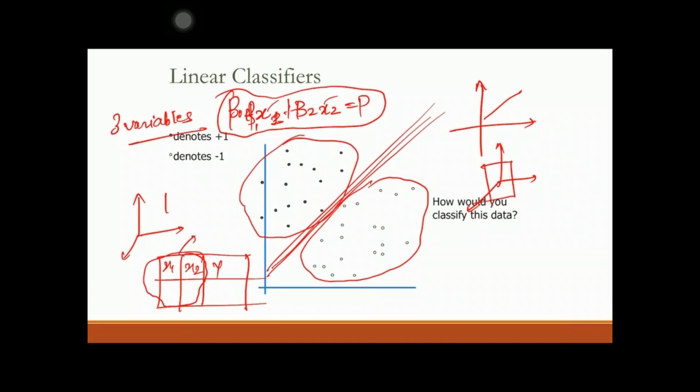So let's say b naught plus b1 x1 plus b2 x2 is equal to y. This is your hyperplane. Always remember, whatever dimension of variables you have, if you have multiple variables x3, x4, so five variables including y, then a four-dimensional hyperplane is the boundary.